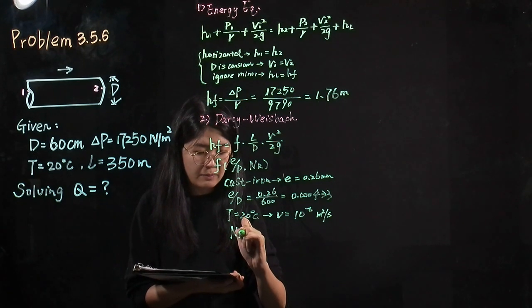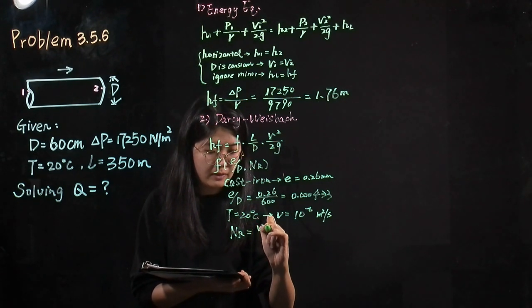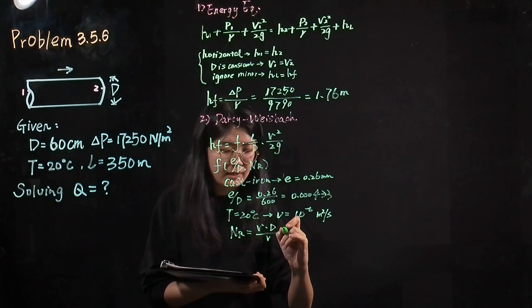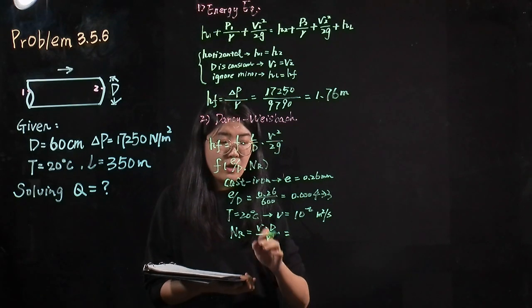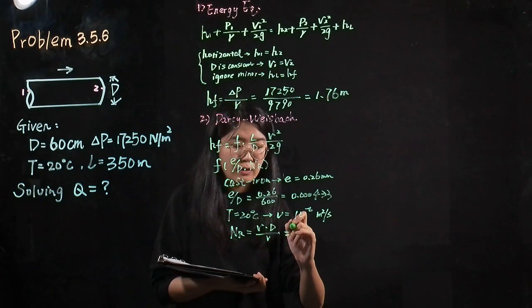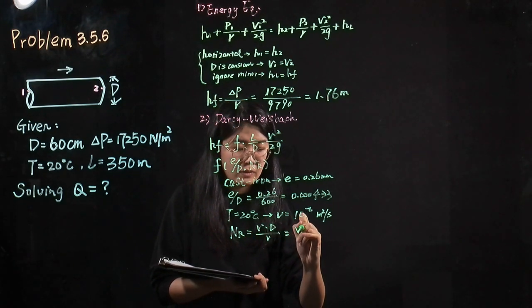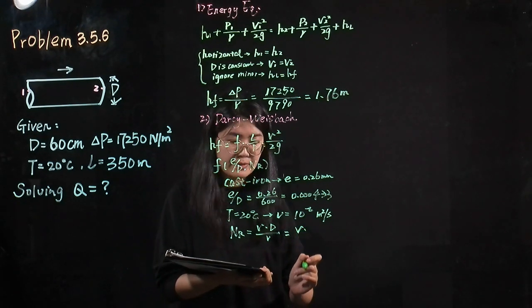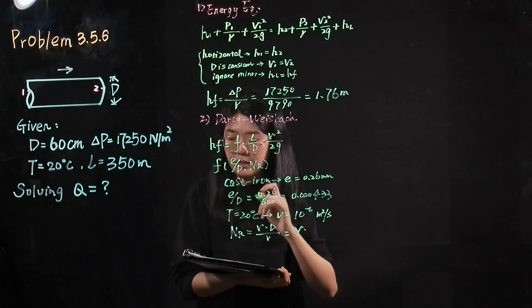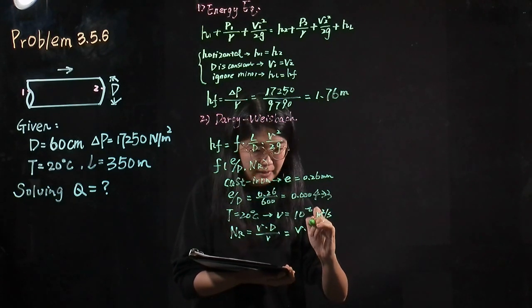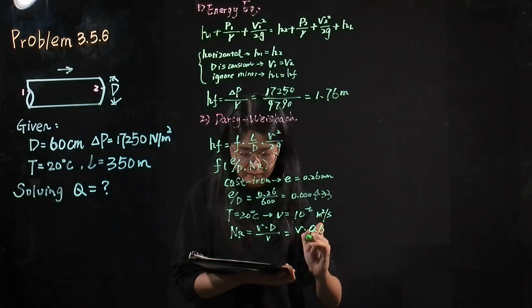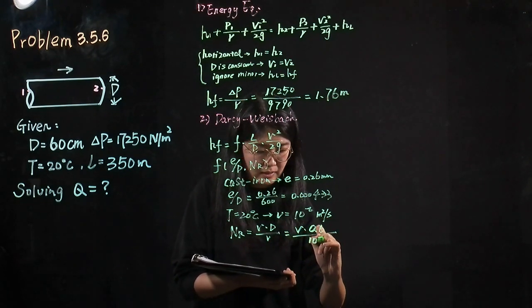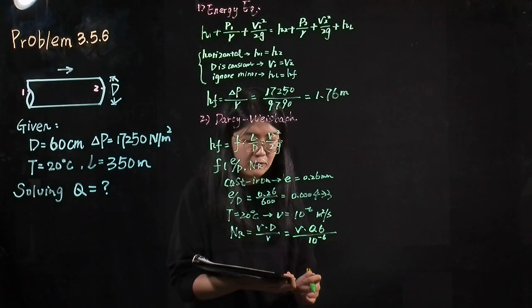Then the Reynolds number is the velocity times diameter over the kinematic viscosity. Currently, we do not know the velocity, so we use V as an unknown, the diameter is 0.6, and the kinematic viscosity is 10 to the power of minus 6.